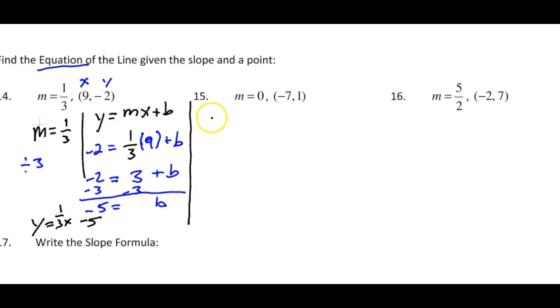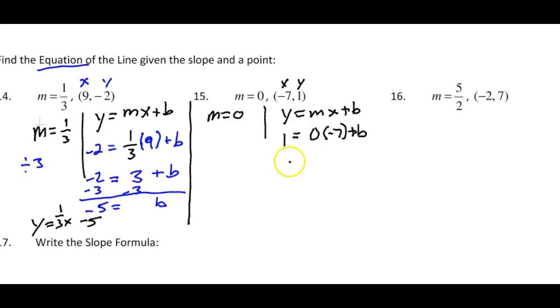Okay, so 15, given the slope already, find the y-intercept. Now there is a shortcut for this. I'll show you that in a moment, but y is 1, m is 0, x is -7. Alright, now 0 times anything is just going to be 0.